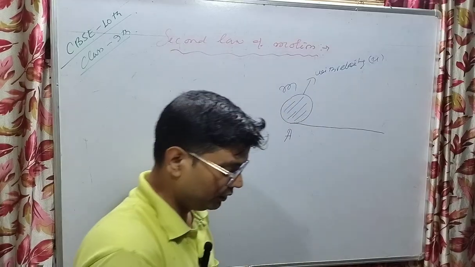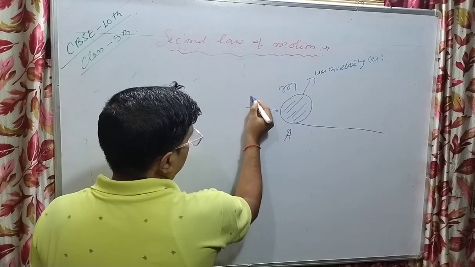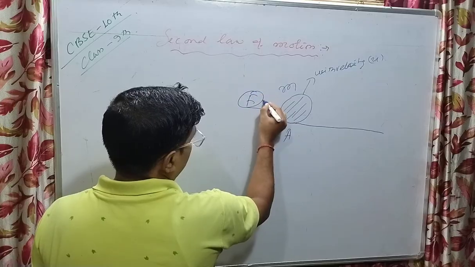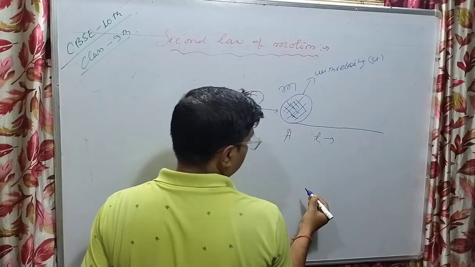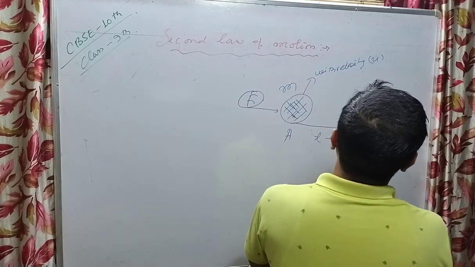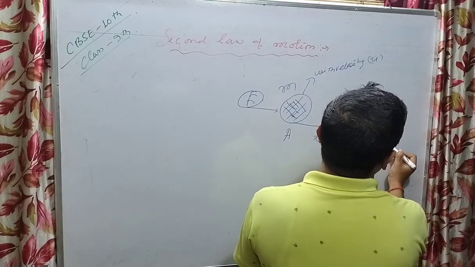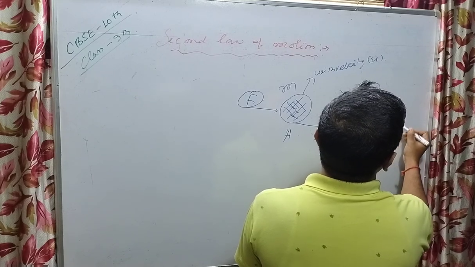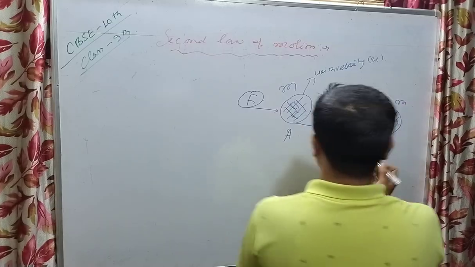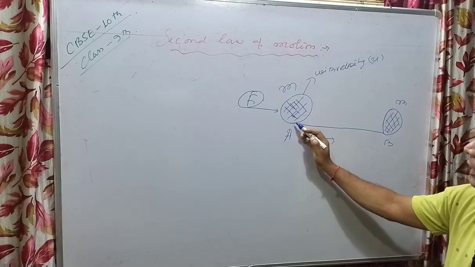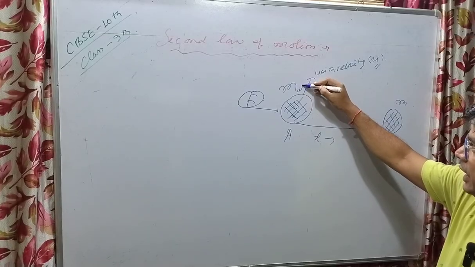After time t, if I apply a force F on this object, the object will change its position from A to B. It means at point A the velocity of the object is u and its mass is m.